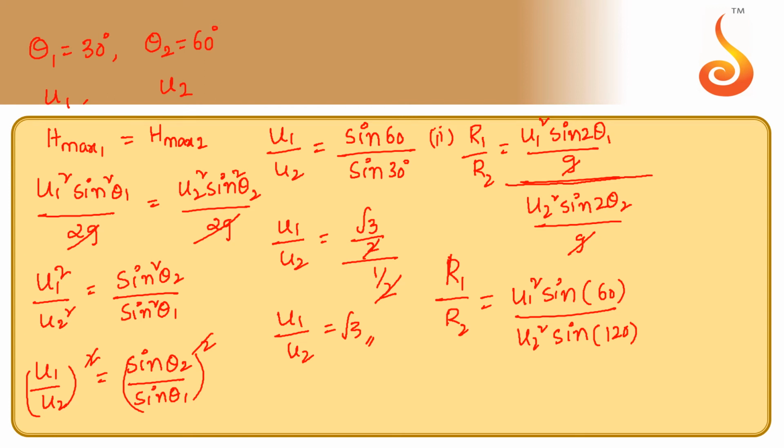Therefore, r1 by r2 can be written as u1 by u2 whole square into sine 60, which can be written as root 3 by 2, and sine 120 is nothing but again sine 60, which is also root 3 by 2.